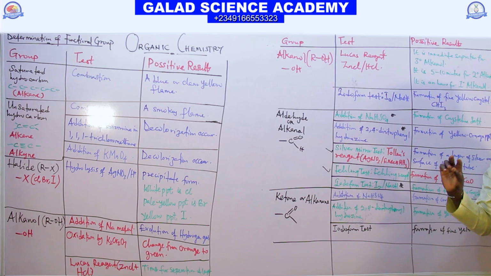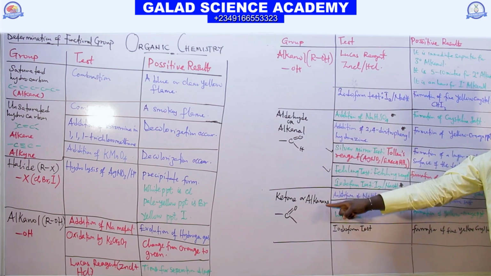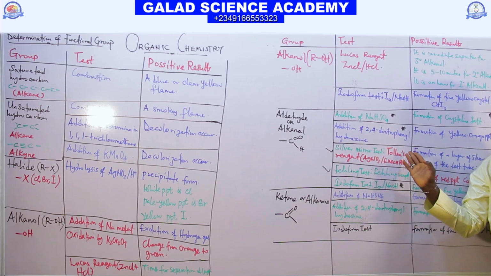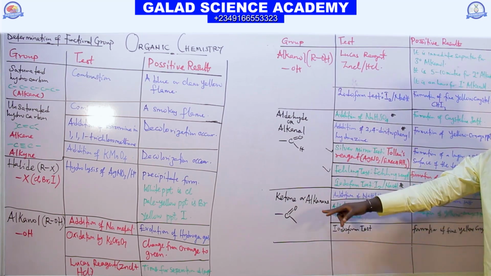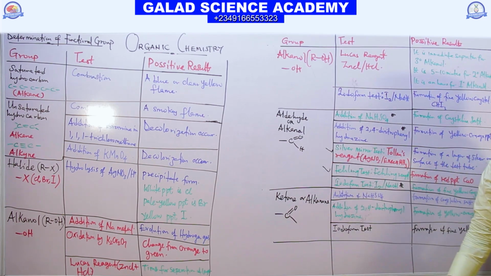So we can use Fehling reagent and Tollens reagent to differentiate between aldehyde and ketone, because only aldehyde gives positive result with Tollens and Fehling, but ketone gives negative result with these two.